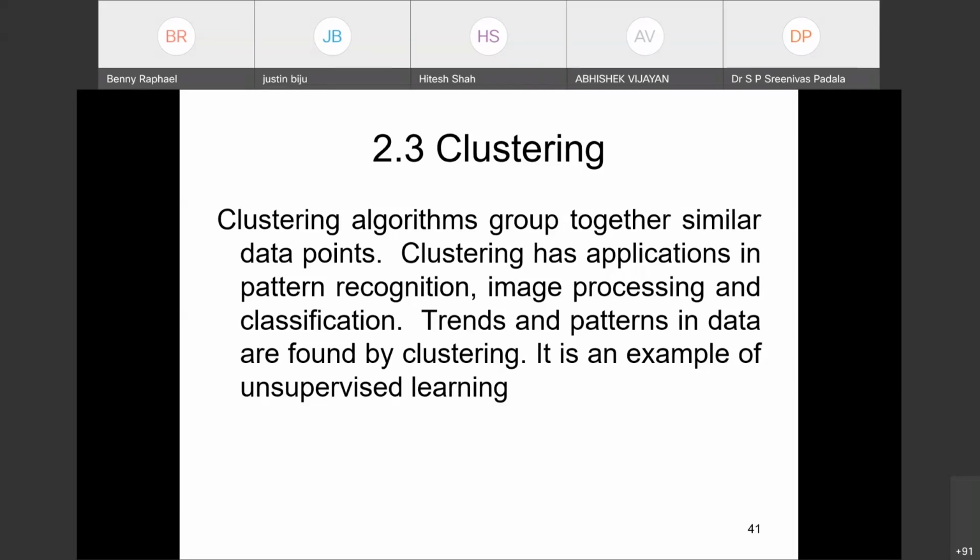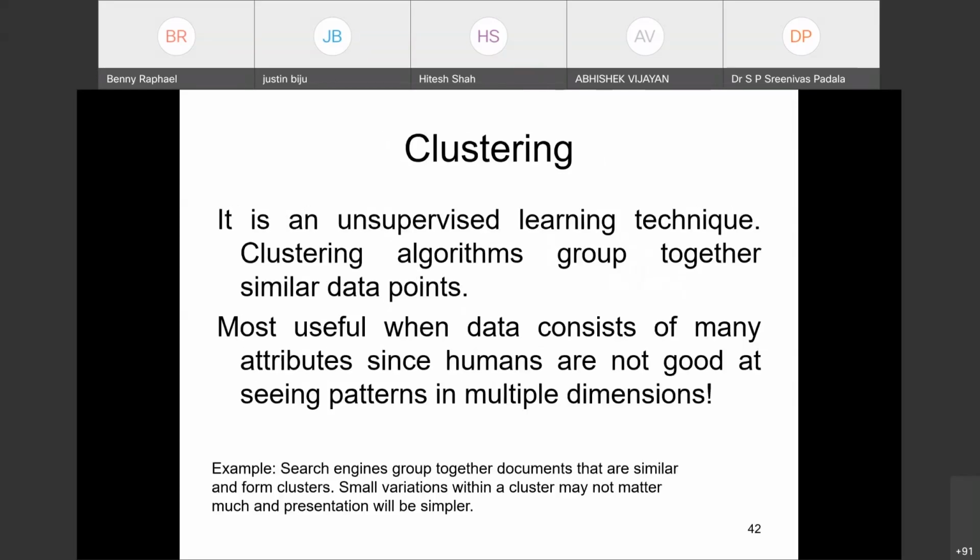So we have qualitatively seen what is clustering. Clustering aims to group together similar data points. And it has a lot of applications in many domains, including pattern recognition, image processing, and so on. We try to find trends and patterns in data using clustering.